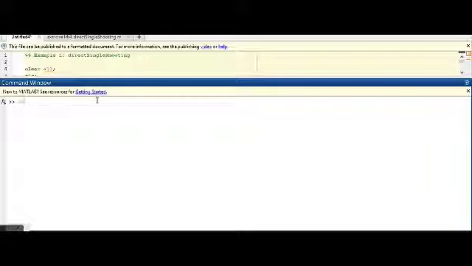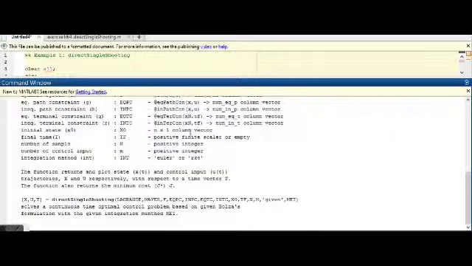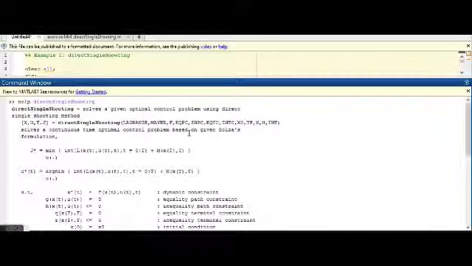Let's type help direct single shooting. Okay, you see all this help text. So direct single shooting solves a given optimal control problem using direct single shooting method. It will return capital X, which is the discretized state trajectory.